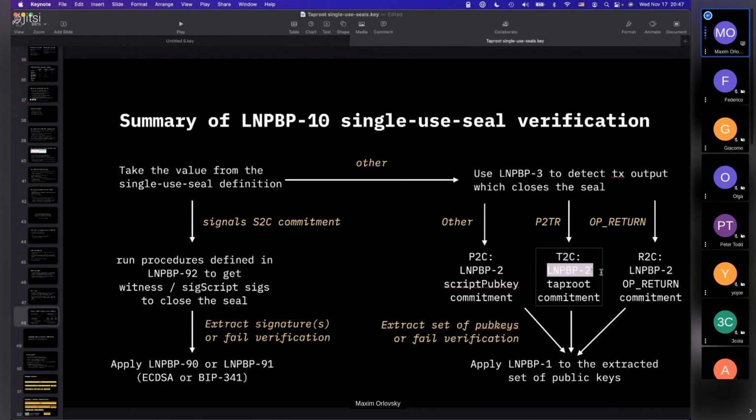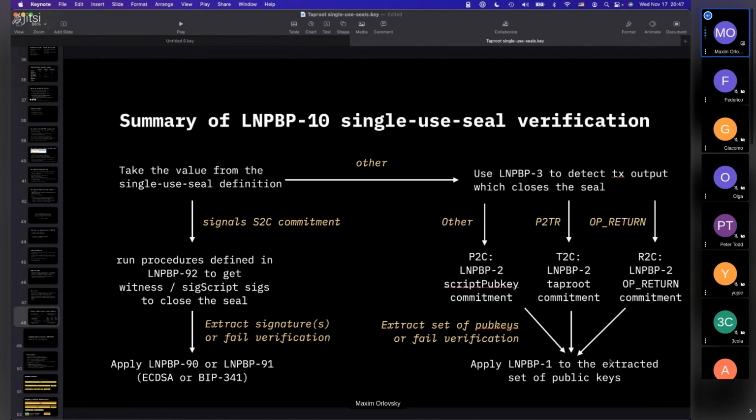It's also already a part of the LNPBP standard, so it's covered. And finally, if the output is an actual OP_RETURN output and not some script pubkey, we just treat this OP_RETURN output as containing a commitment. We extract the data from this output depending on the specific algorithm and just verify the commitment.